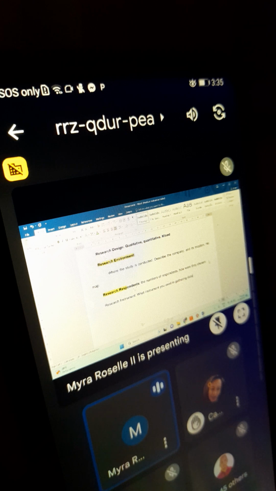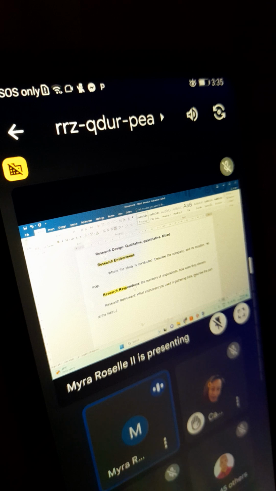Whether you used a researcher-made survey questionnaire, you are going to write it here, or you used interview questions. Describe the parts of the instrument.